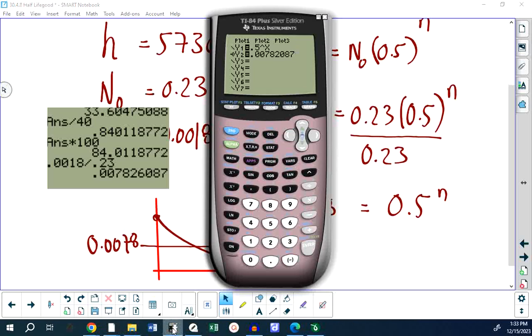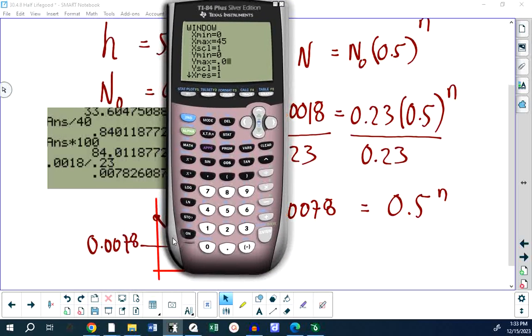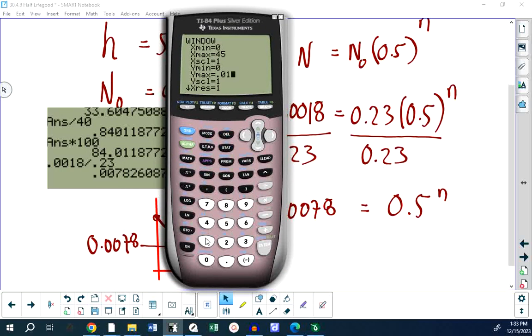So when I do this, I would set up my window, and I want to get rid of this little dot. Don't worry about what it is. I would set up my window to go vertically from 0 to 0.01, which is a little bit more than 0.0078.